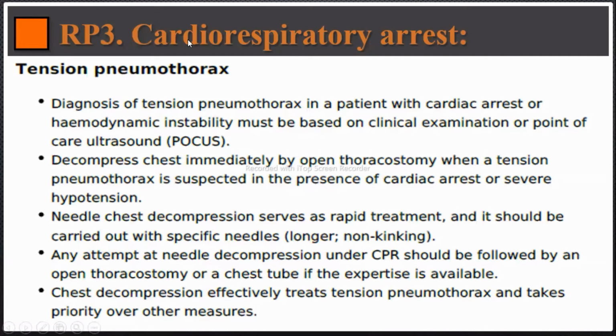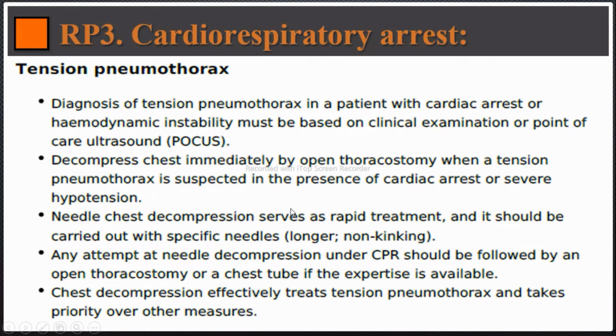Tension pneumothorax. He gives you a scenario of cardiorespiratory arrest and tension pneumothorax. How to understand? Sometimes he's not direct with you. He will tell you cardiorespiratory arrest and the patient has hyperresonance on the right side. So what will you do? Here you will decompress the right side immediately by open thoracostomy when tension pneumothorax is suspected.